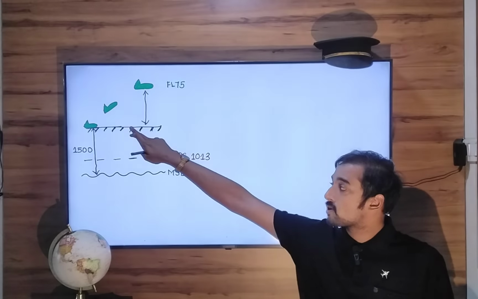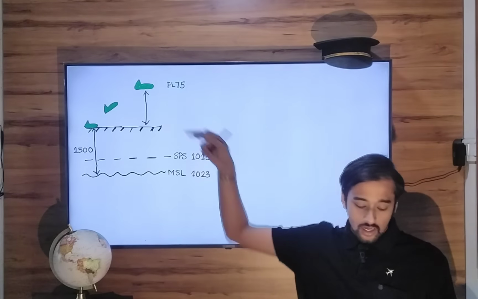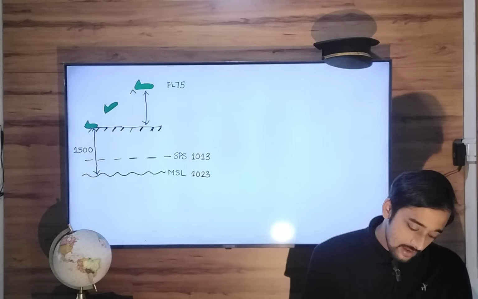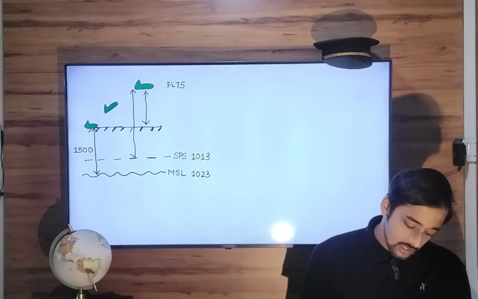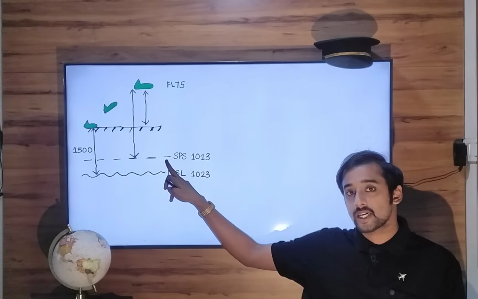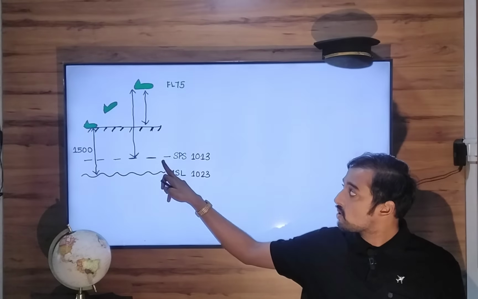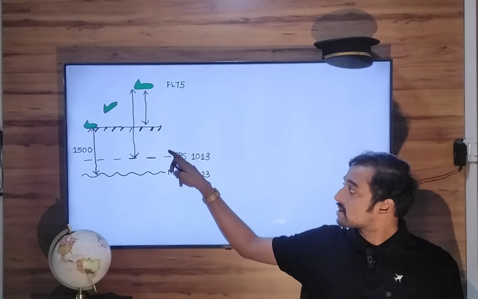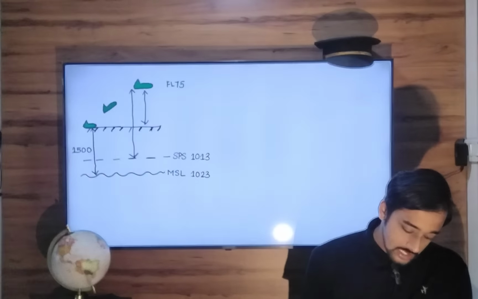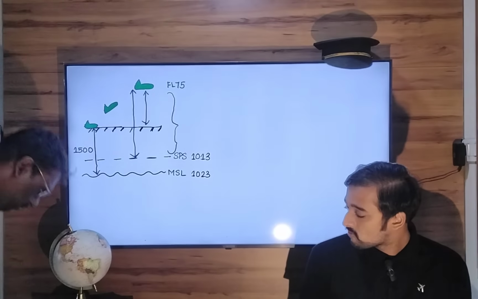You will have to climb from the airport to this level and cover this much vertical distance. Now we know flight level 75 is measured from standard pressure setting 1013. So this entire thing is flight level 75.